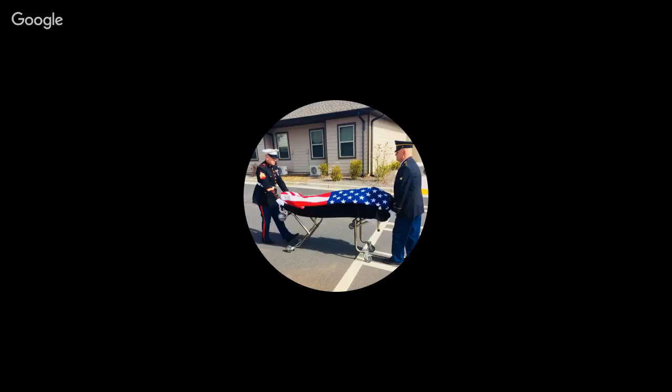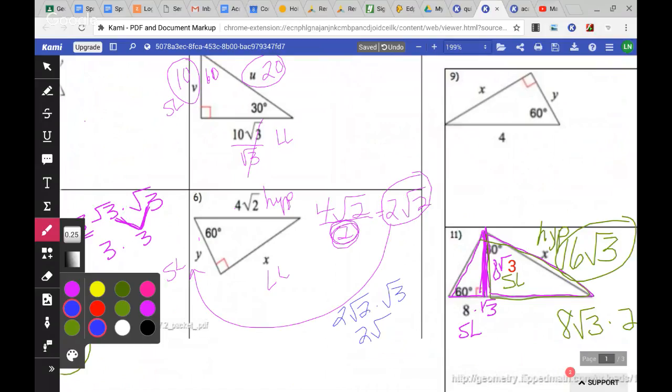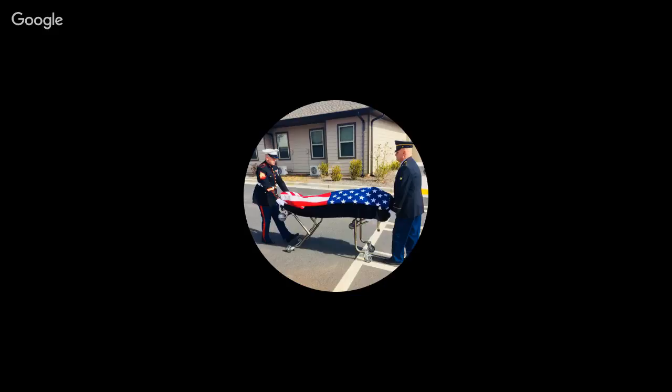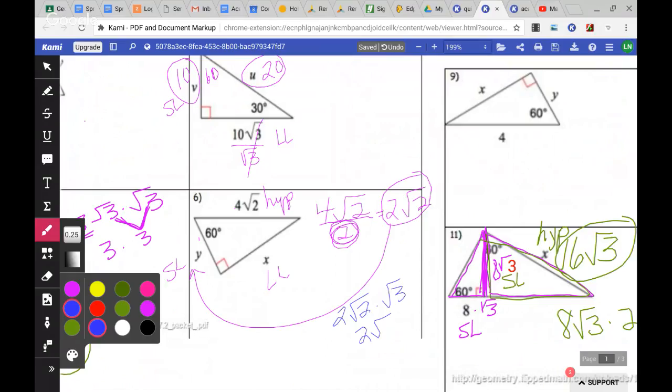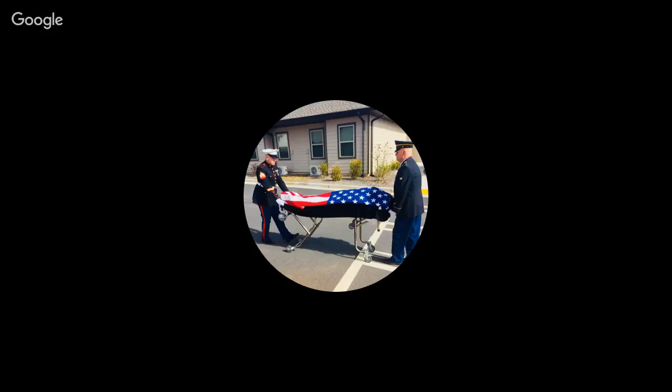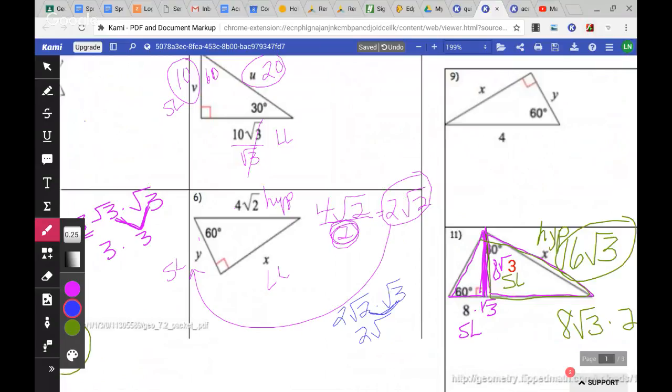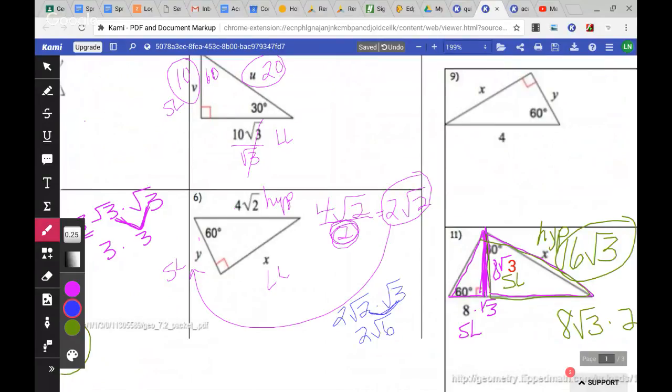Yep. Which would give you what? 2 root 5. Multiply these instead of adding them. Oh, my bad. 6. Mm-hmm. It looks weird, but it's right.